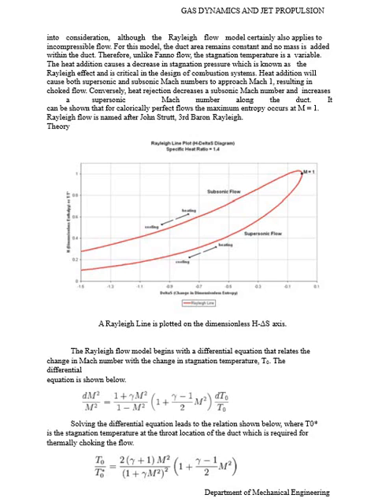Solving the differential equation leads to the relation shown below, where T0 star is the stagnation temperature at the throat location of the duct, which is required for thermally choking the flow. Therefore, T0 divided by T0 star is equal to 2 (gamma plus 1) M square divided by (1 plus gamma M square) whole square into (1 plus (gamma minus 1) divided by 2 M square).